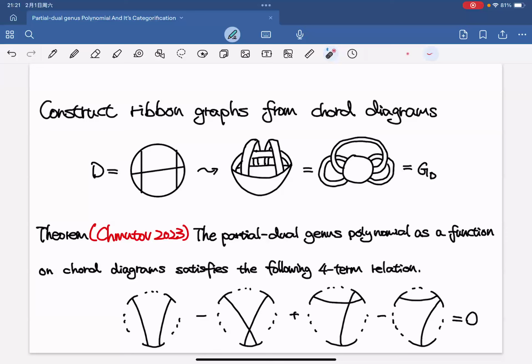I think people who are familiar with finite type invariant theory will be quite familiar with this four-term relation, and it plays a very important role in finite type invariant theory, also called Kontsevich invariants, or I'm sorry, Vassiliev invariants.